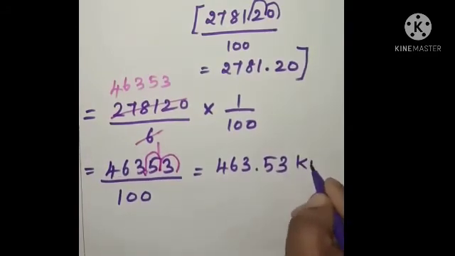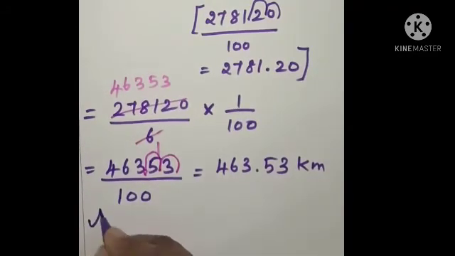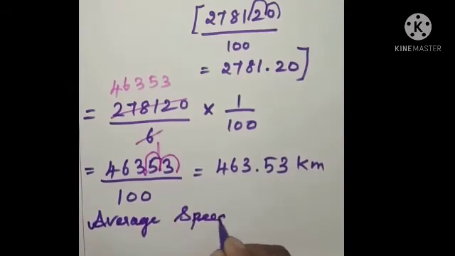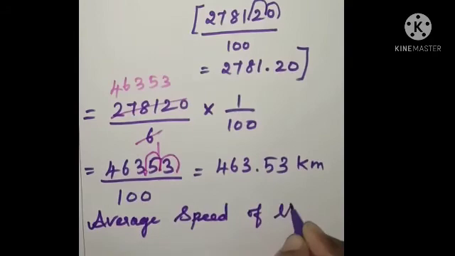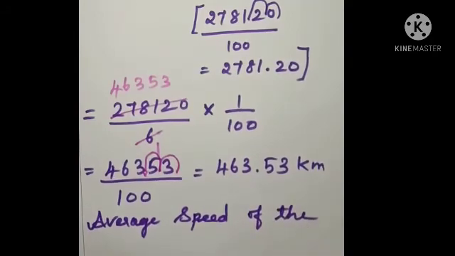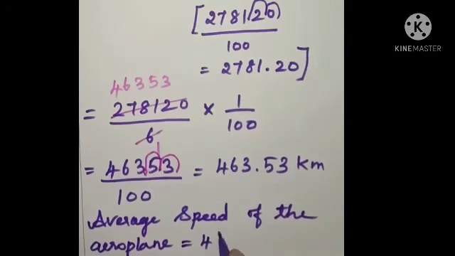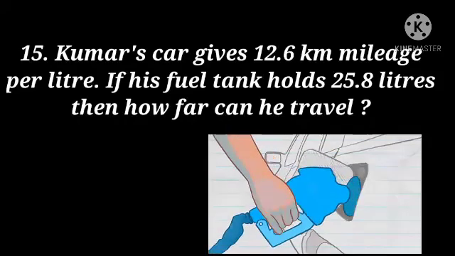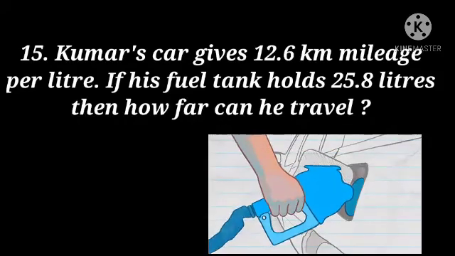Therefore, average speed of the aeroplane is equal to 463.53 kilometers.